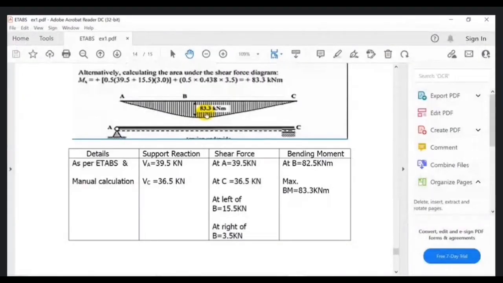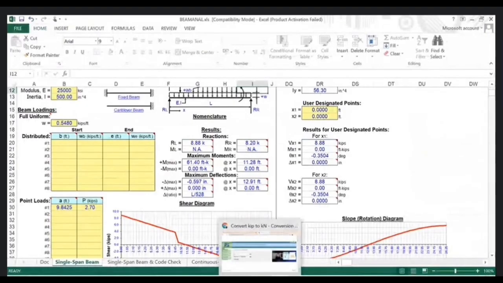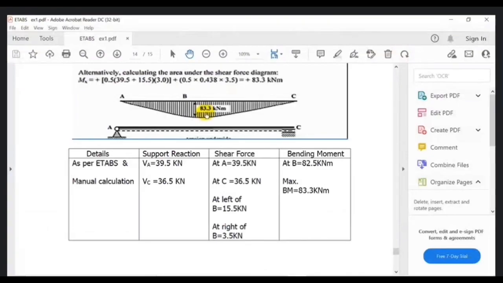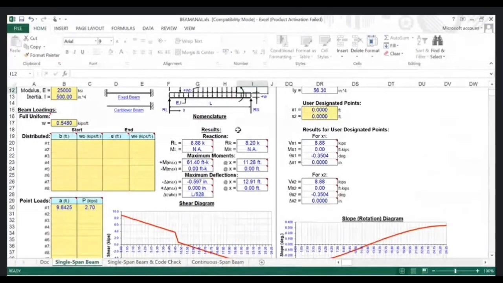That is 11.28 feet, which is 3.438 meter from the left support. So these are the values of our shear force and the maximum bending moment.